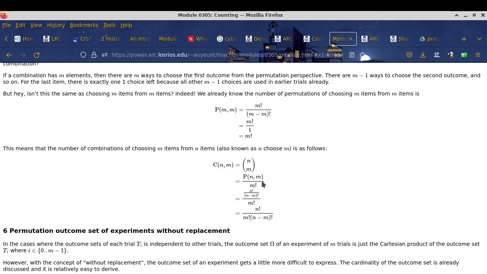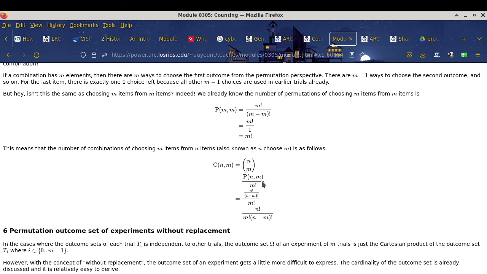So what you can do is get to the number of permutations first. I know this number is inflated, and then I try to factor out how inflated it is. If I pick out m items, how many duplicates do we have? There are m factorial duplicates, because for m items, there are m factorial ways to arrange their ordering.